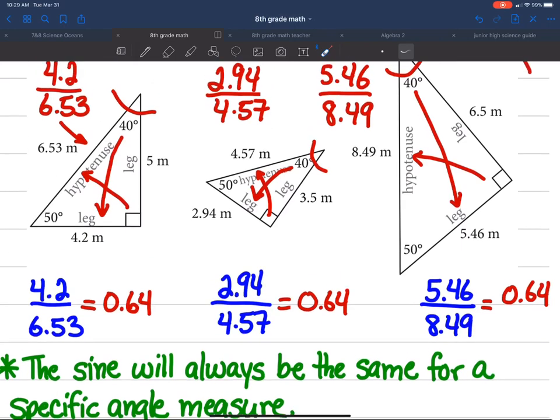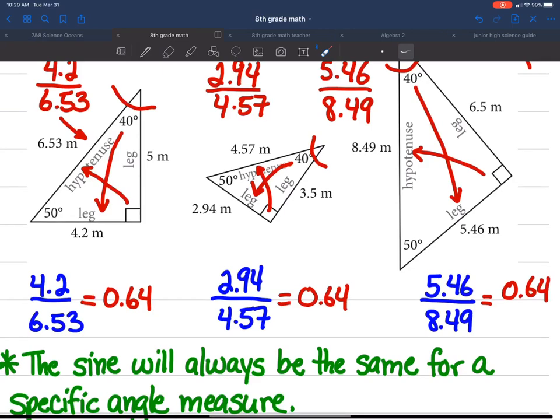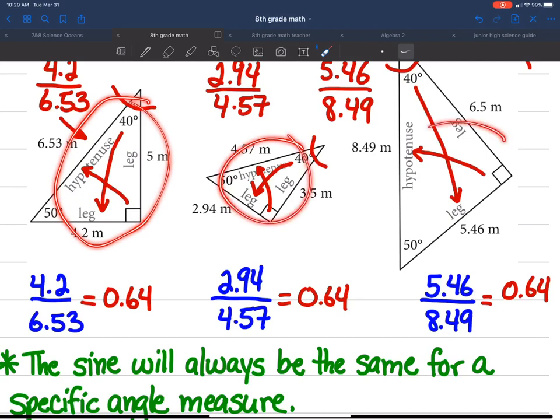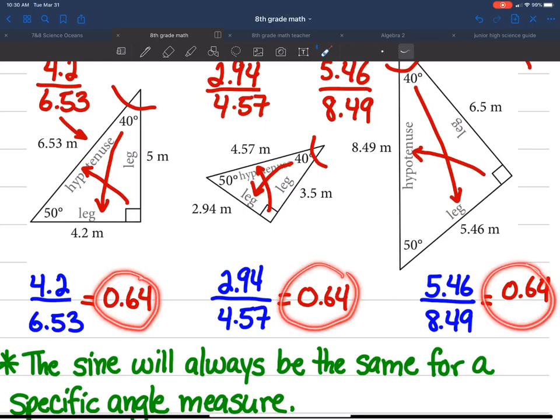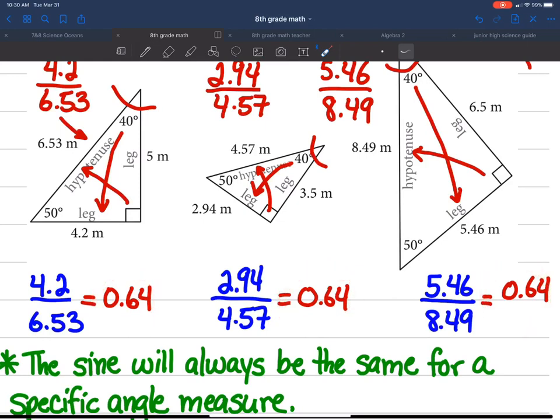Whenever you have similar right triangles like these up here, and they have a 40-degree angle, if their legs are the same ratio, you will always get the same answer for those particular triangles. So let's say we had another set of 3 triangles.